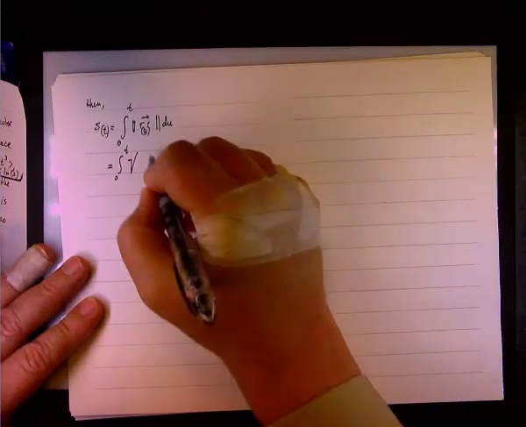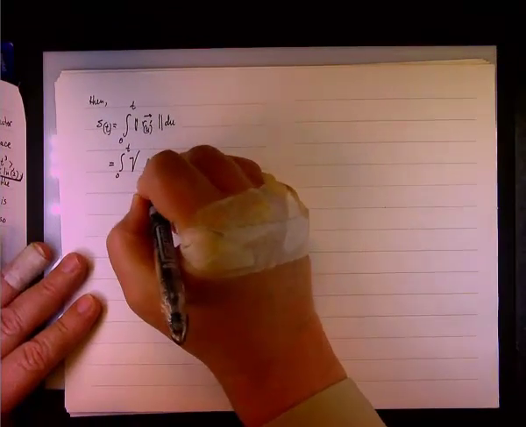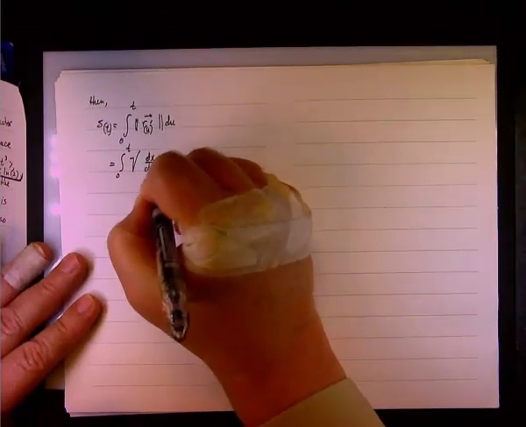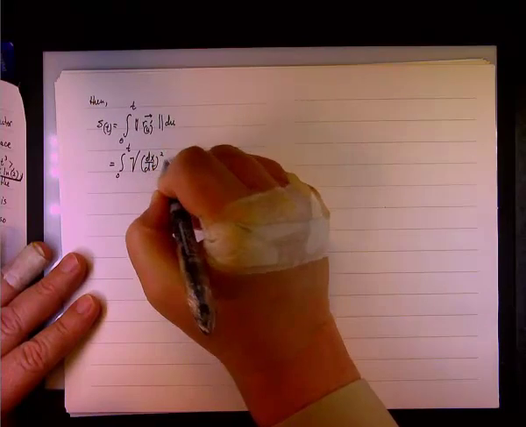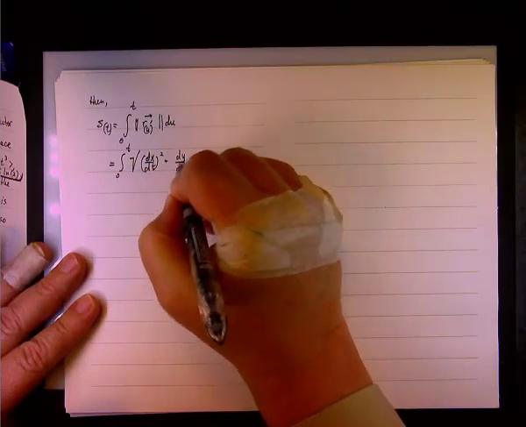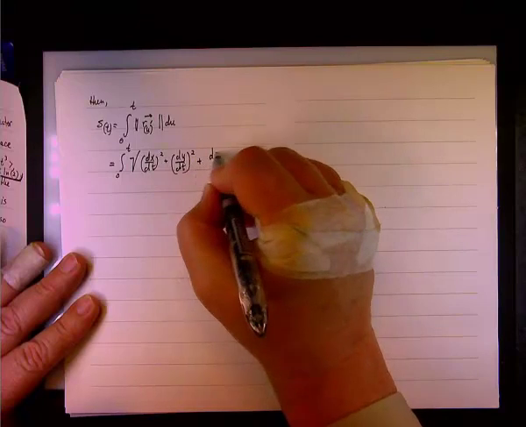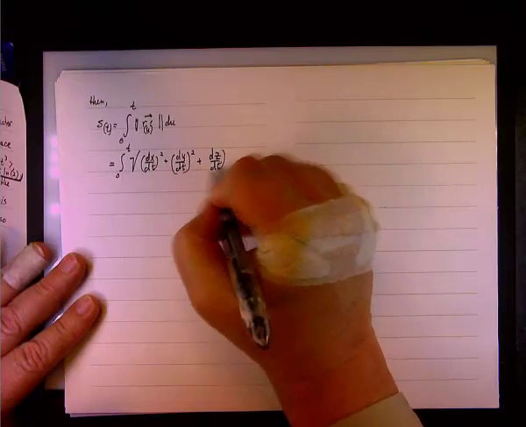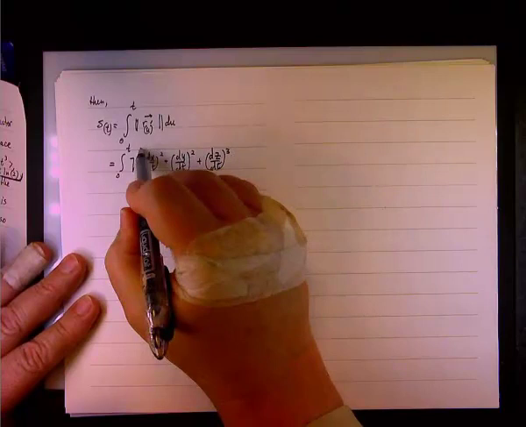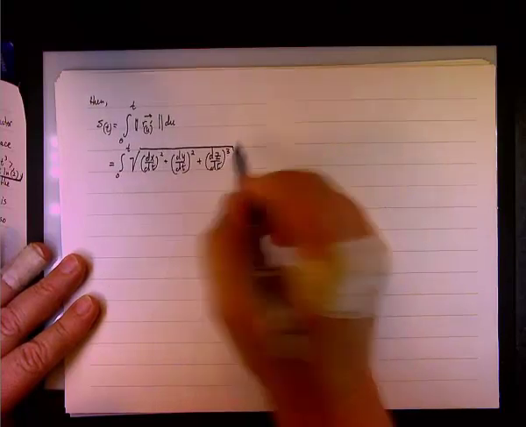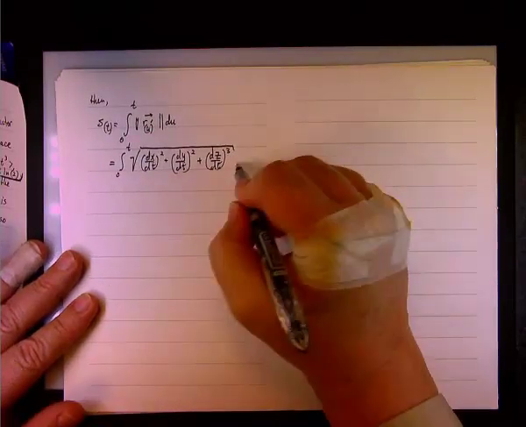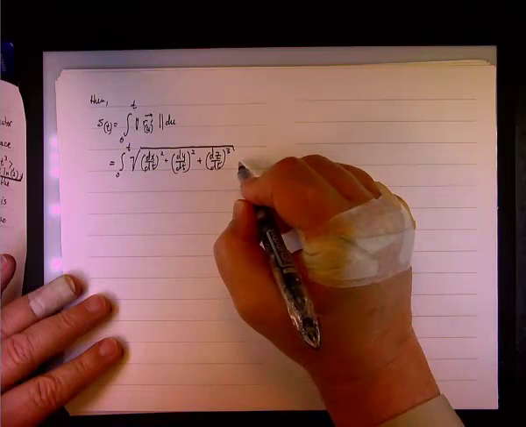So instead of this expression, we have the square root of the (dx/dt) squared plus the (dy/dt) squared. So up to here it's Calculus 2, and then we have the (dz/dt) squared, which is the difference between a 3D space curve and a plane curve.